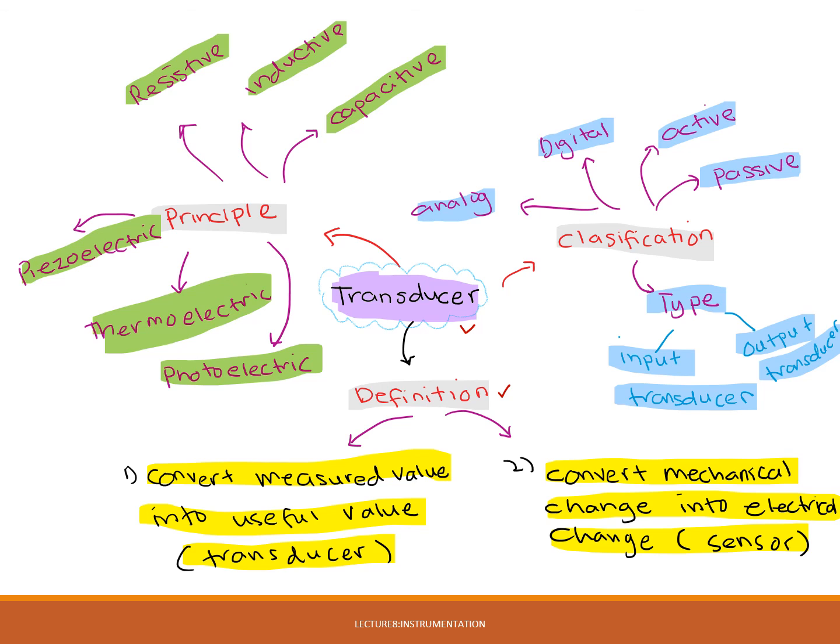Then we discussed the classification. We classify transducers based on type, where we have input transducers and output transducers. Of course, you need to be able to provide examples for all these input and output transducers. Then we classify based on active and passive, and we also classify transducers based on analog and digital type.